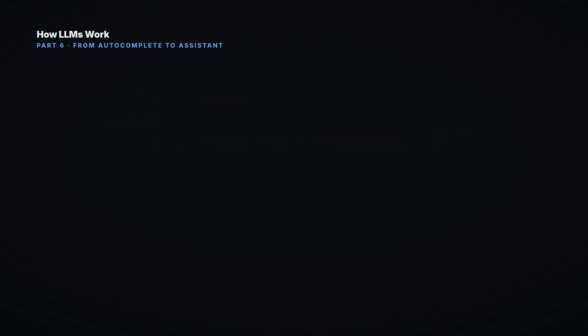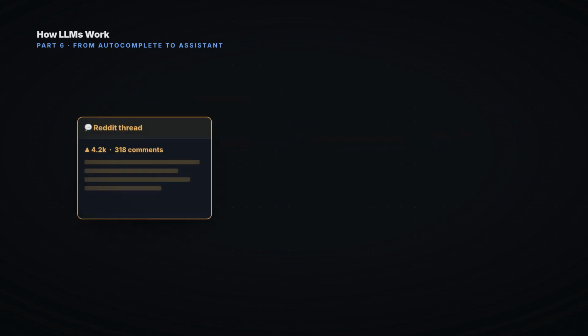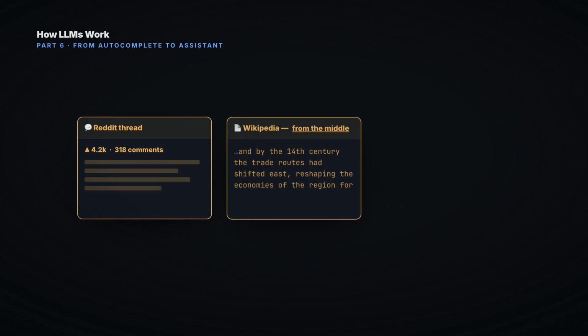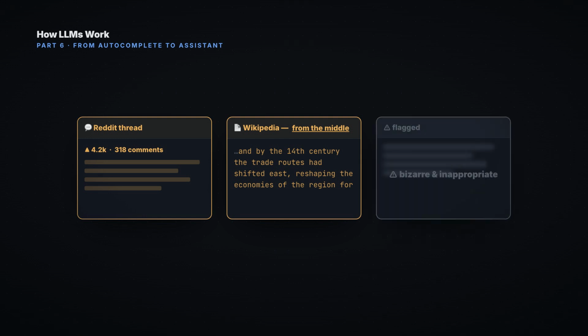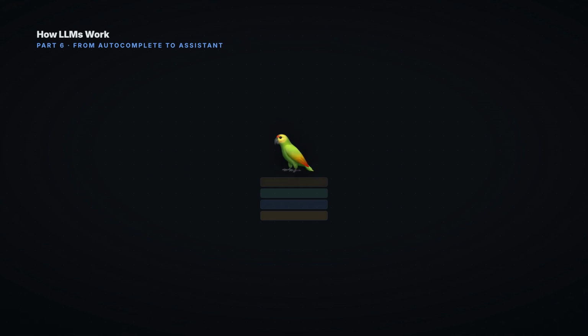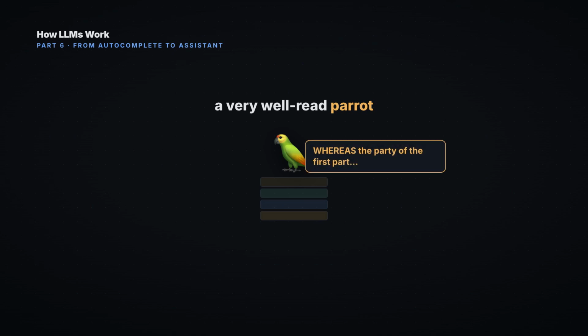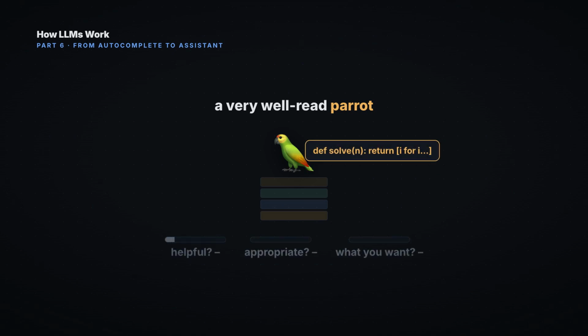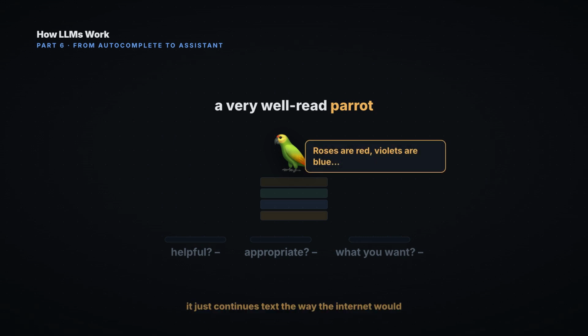Or it might generate something that looks like a Reddit thread, or a Wikipedia article starting from the middle, or honestly, something completely bizarre and inappropriate, because the internet has plenty of that too. The base model is like a very well-read parrot. It can mimic any style of text it's seen, but it has no sense of what's helpful, what's appropriate, or what you actually want. It just continues text the way the internet would.